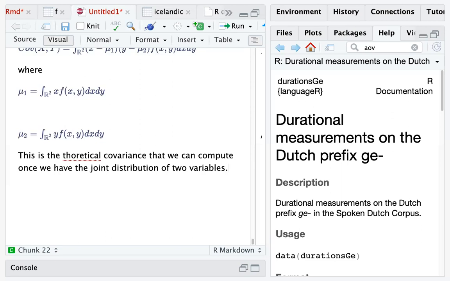So let me define the covariance of a set of data, which is a reminder.